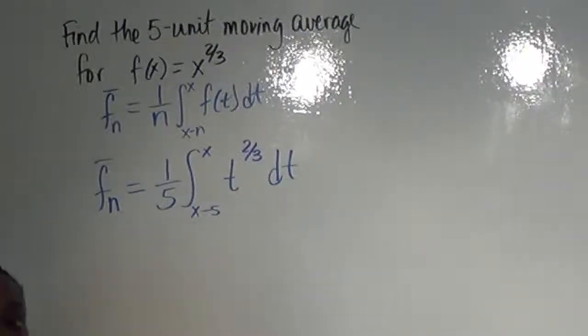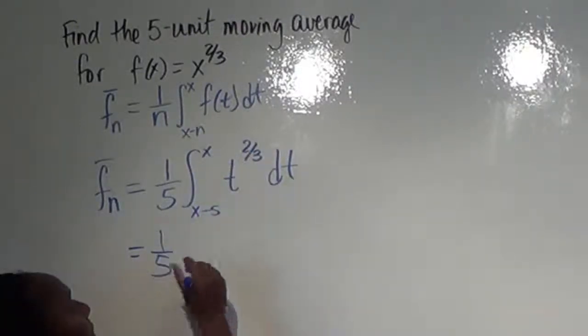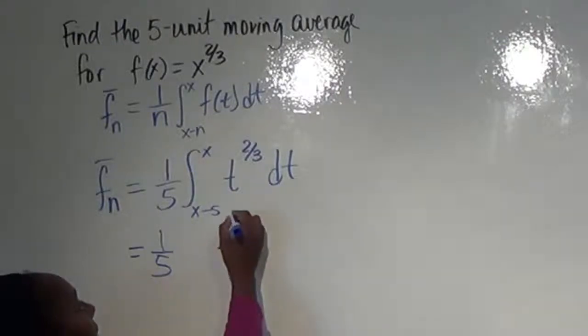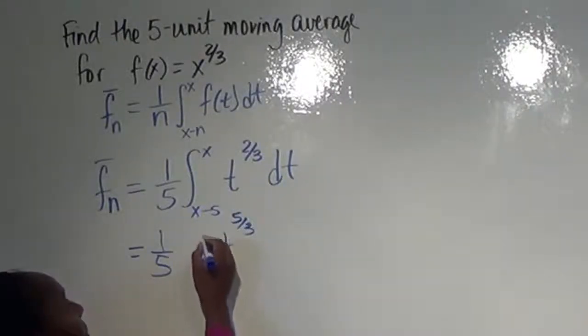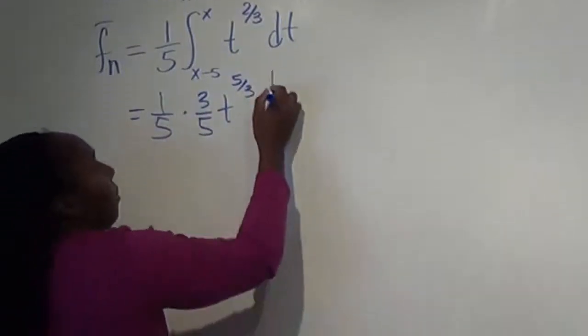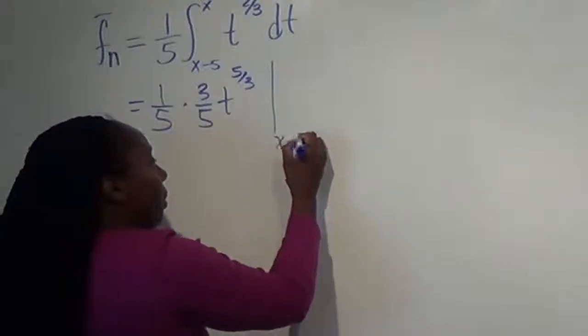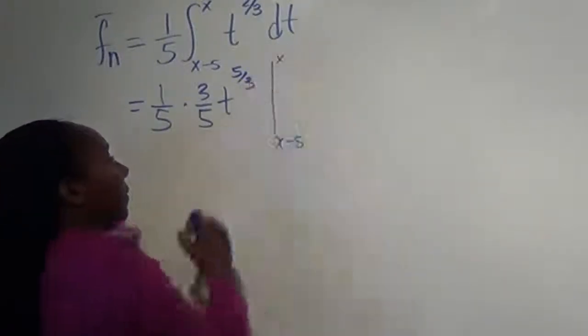And then from here, we're just going to use our fundamental theorem of calculus to get our antiderivative and evaluate at the limits. So the 1/5 gets carried along, and then from here we'll take the antiderivative, which is going to look like a t to the 5/3 multiplied by a 3 over 5. We're going to evaluate that. So there's the antiderivative, evaluated from x minus 5 to x.